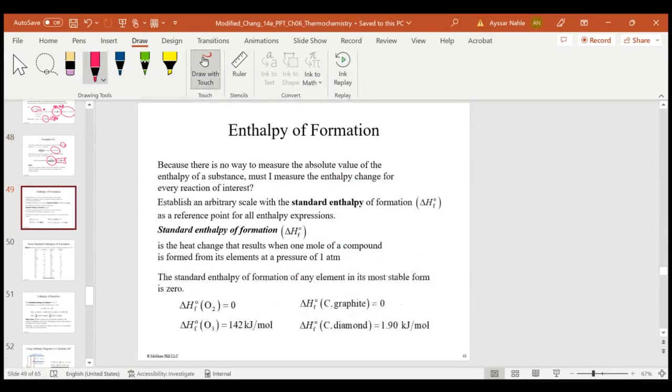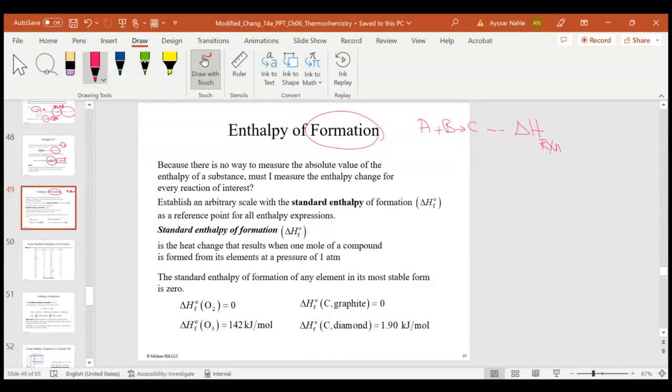Good. Now, we've got what's known as enthalpy of formation. Just pay attention in here. There is something which is called formation. If I'm having a certain thermochemical equation, A plus B will give me C, and we have in here delta H of the reaction, because it's a chemical reaction.